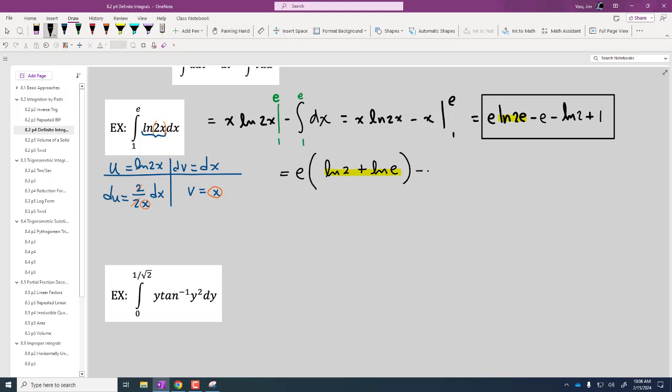So then we have the minus e, the minus ln 2, and the plus 1. Okay, and then natural log of e is 1. So this is going to become, and let's distribute, e natural log of 2 plus e minus natural log of 2 plus 1.